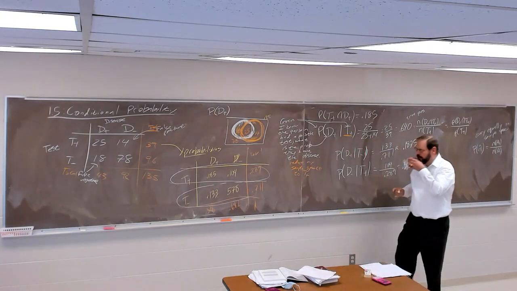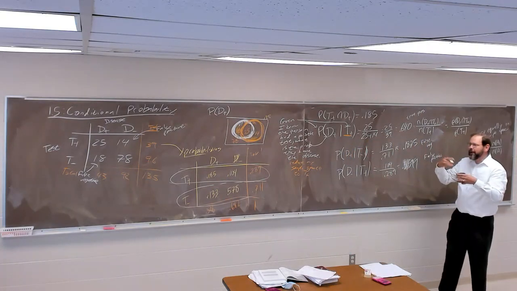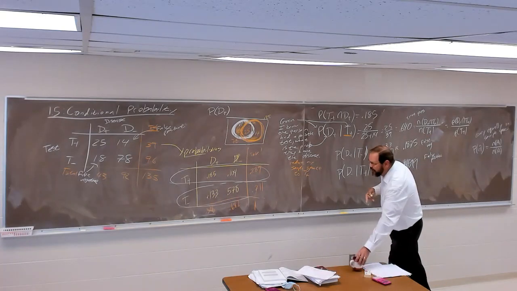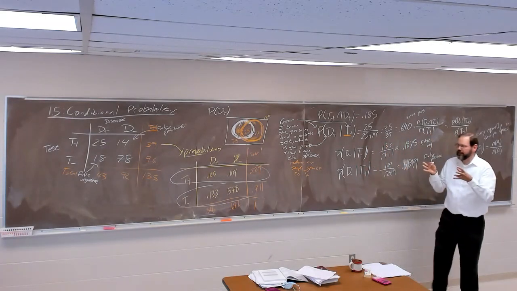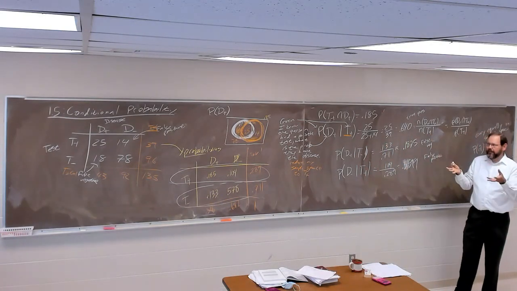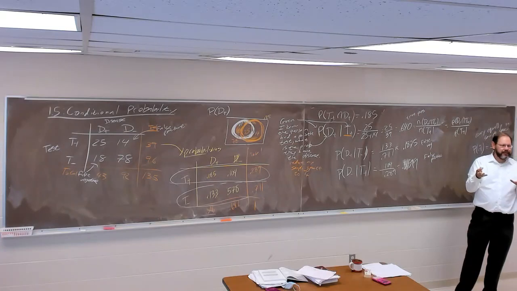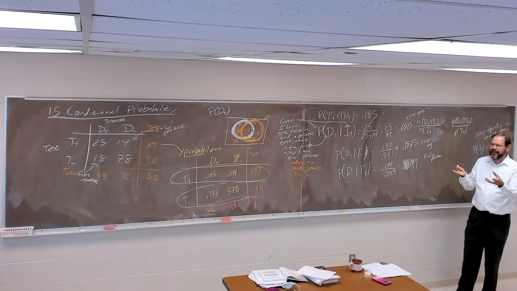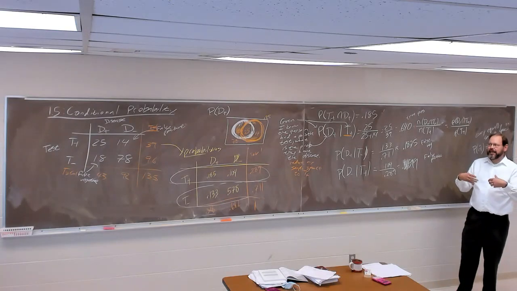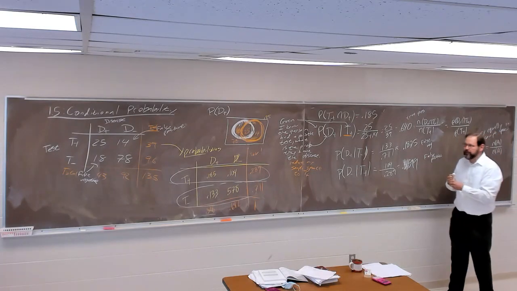So again, the context here is this. We have a probability question that we want to answer. We can ask, what is the probability of this happening? And then, what is conditional probability? Well, I give myself extra information.